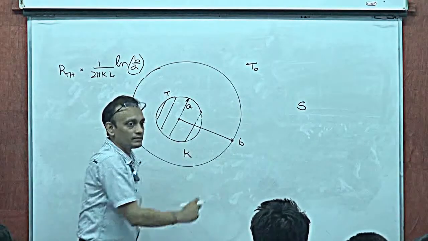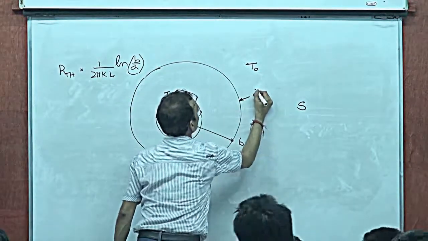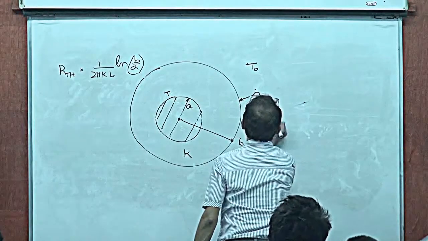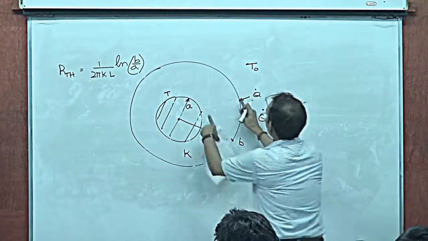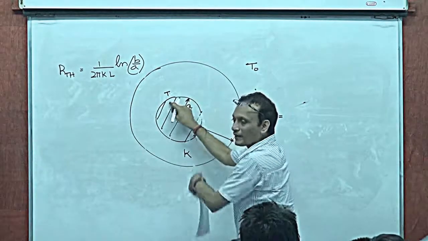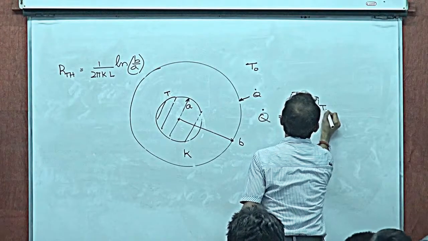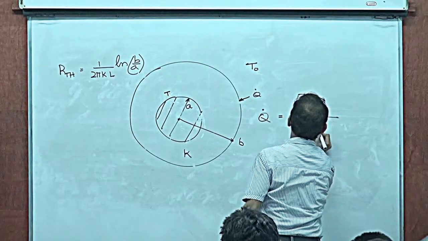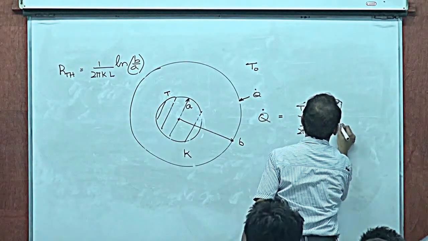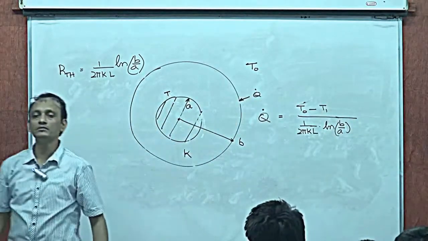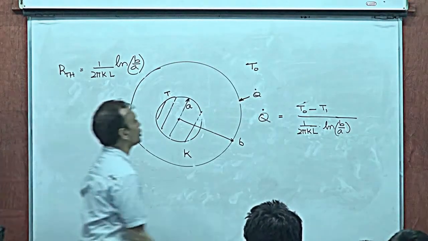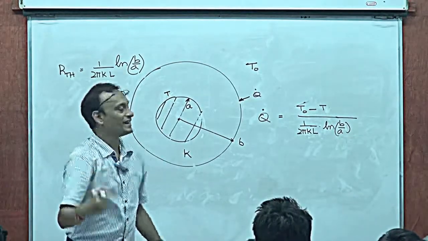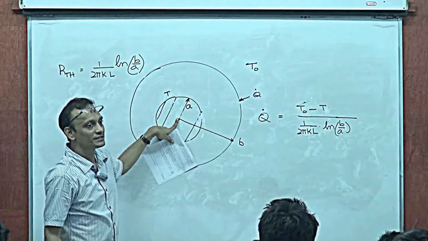Now, at any given instant of time, the heat current Q dot that's flowing through all cross sections is going to be the potential difference, T naught minus T1, divided by the thermal resistance, which is 1 by 2 pi KL log B by A. That's going to be the heat current, T naught minus T. Now, if these many watts are entering this cylinder, what are they doing to the cylinder?